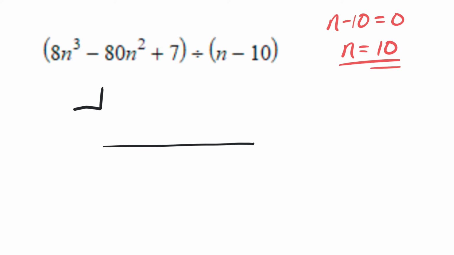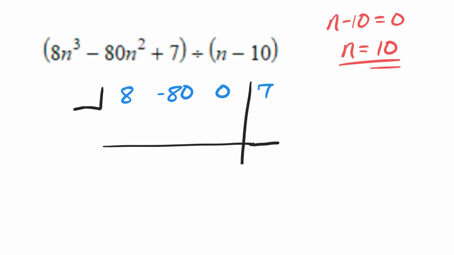And then we're going to put in our values. This is 8, negative 80. Remember, we've got to hold the place of the 0, or the n, so this is 0, and then 7. I always drop that bar right there to remind me where the remainder will be.